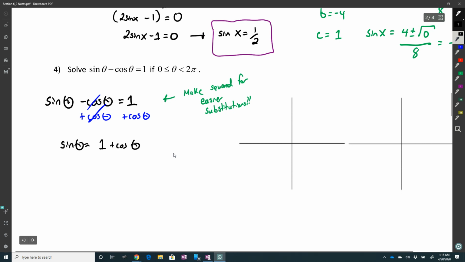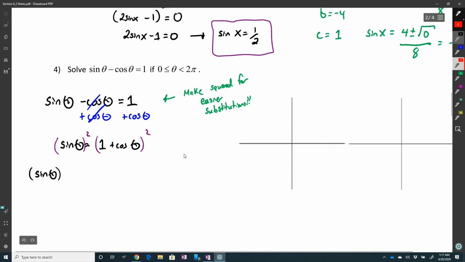Okay, so now that each one's on its own side, I'm going to square both sides. So that means that on the left, I'm adding a sine squared. On the right, I'm adding a 1 plus cosine squared. I'm adding to the equation. So basically, this is sine theta times sine theta, and I'm going to put that in red.